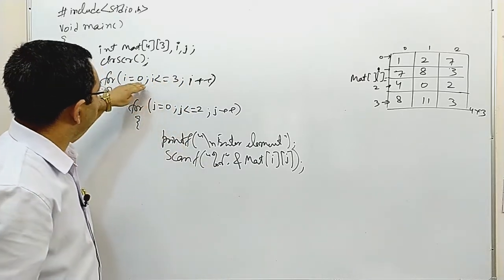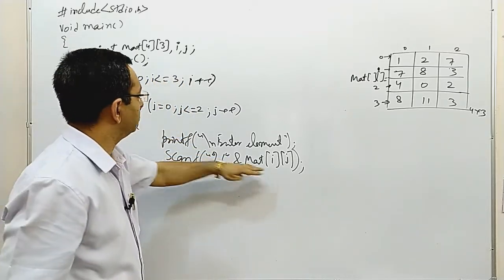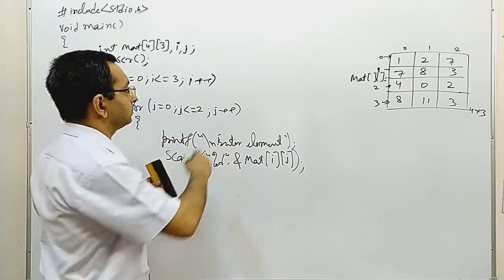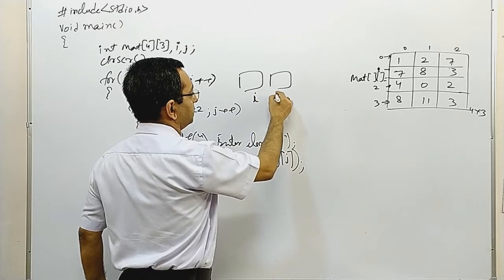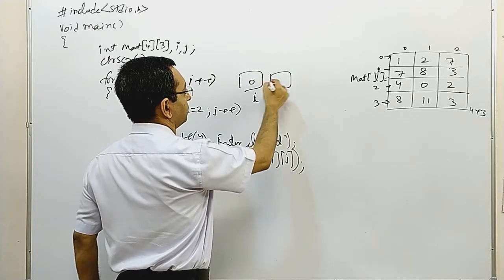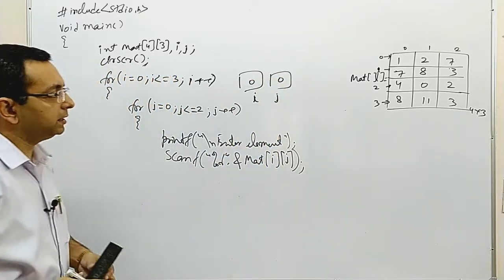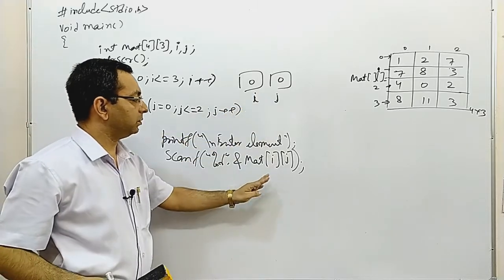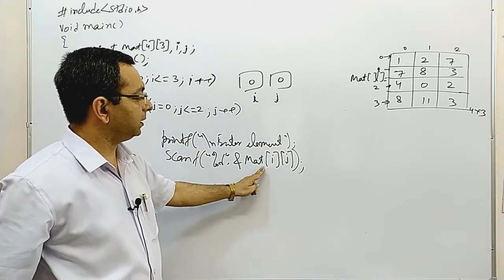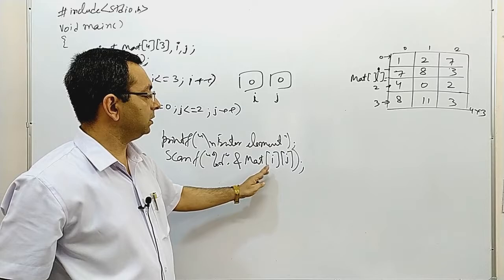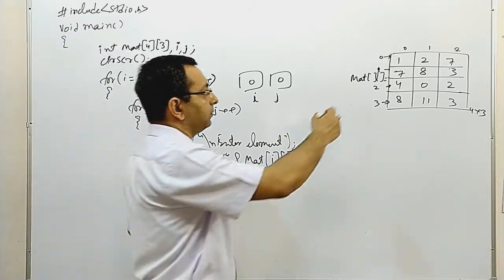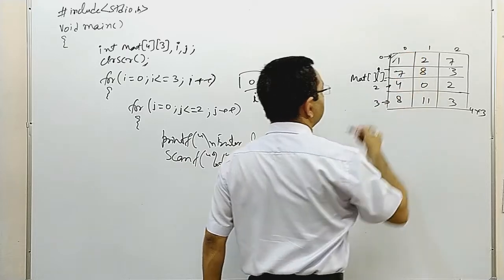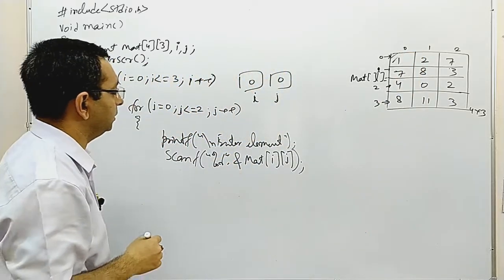First of all, the value of I will be 0 and j will be 0. Suppose this is I and this is j. So the initial values for I and j are 0, 0. So we are reading mat[0][0], for the 0th row, 0th column. So the value for this cell will be taken as input.